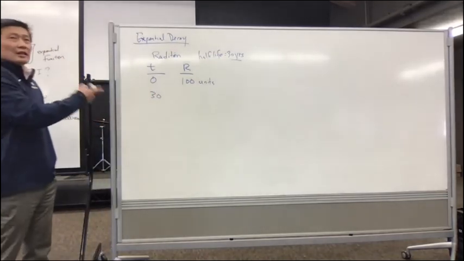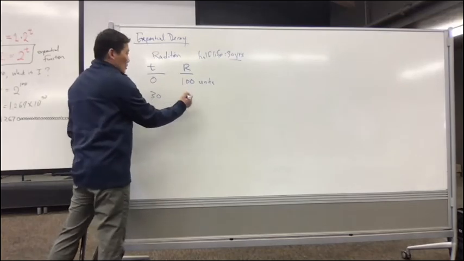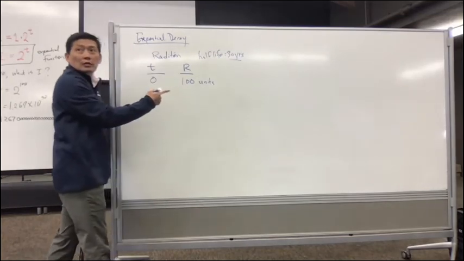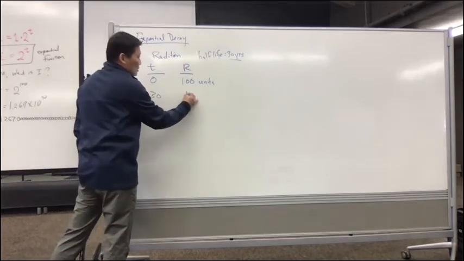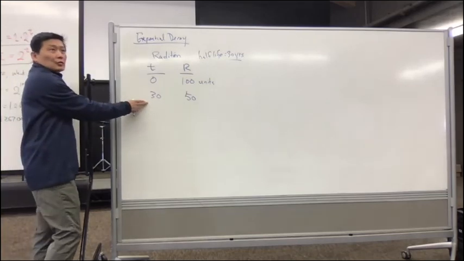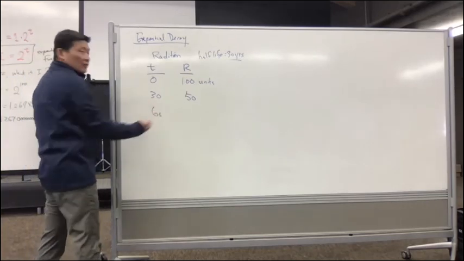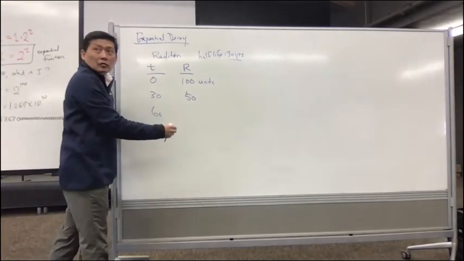And 30 years later, whatever the 100 units of radiation, you end up with how much? 50, right? 50 units. And then after 30 years, you do another 30 years, that would be 60 years. And after 60 years, how much?